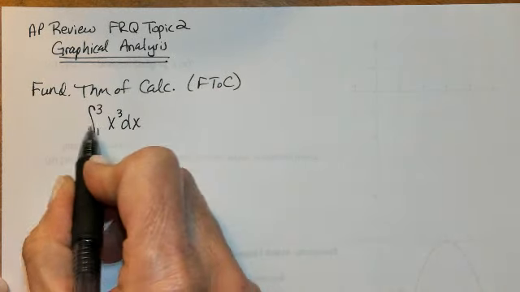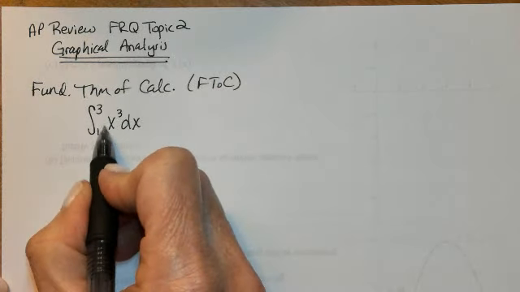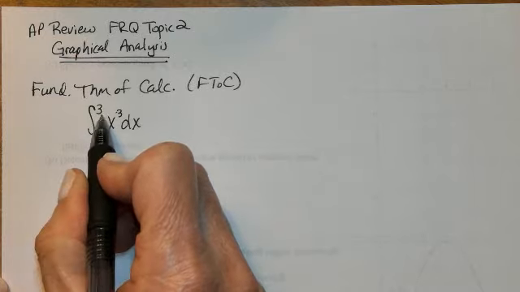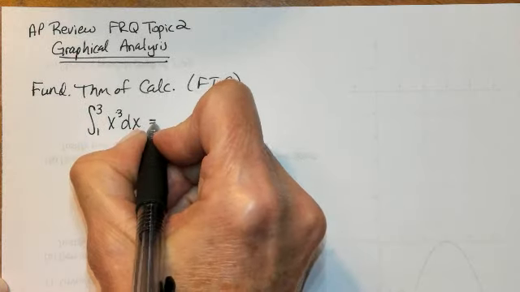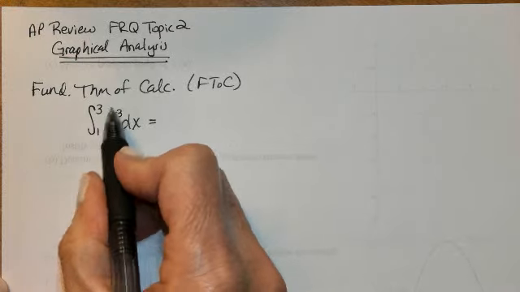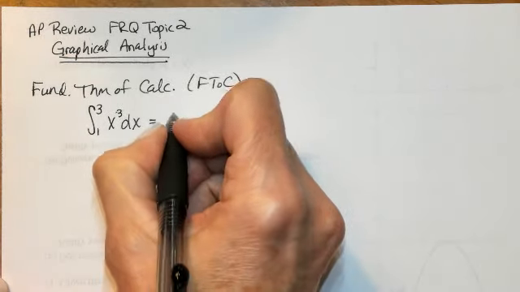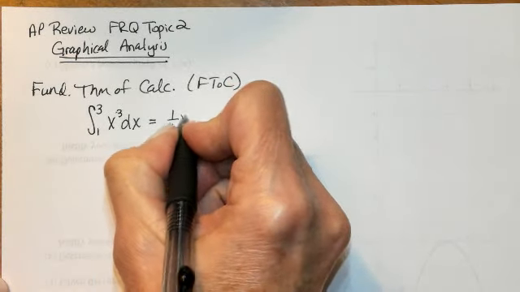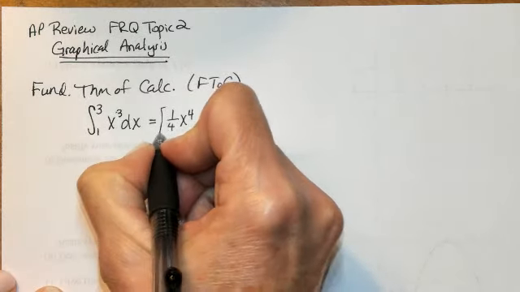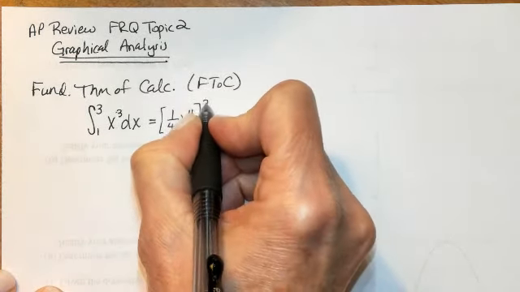This integral represents the area under y equals x cubed from x equals 1 to x equals 3, and when we evaluate this definite integral, we take the antiderivative of x cubed. That would be 1/4 x to the 4th, or x to the 4th over 4, and we evaluate it from x equals 1 to x equals 3.